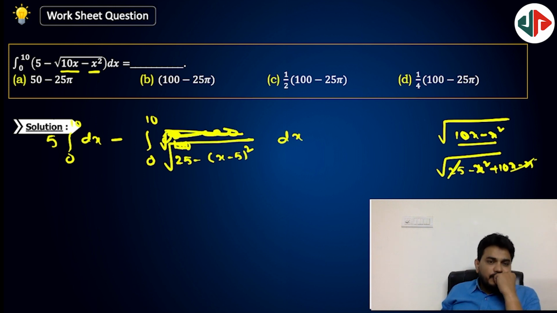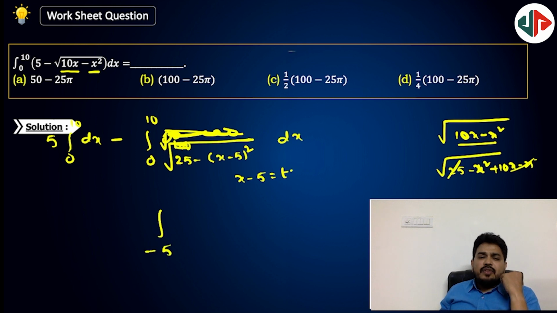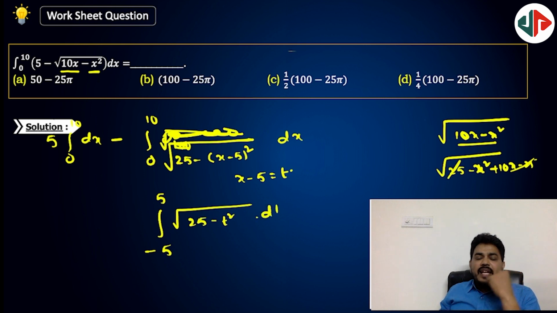So if I write here x minus 5 is equal to t, this is the integral minus 5 to 5 of root over 25 minus t square dt. This value will be equal to 2 times the integral 0 to 5 of root over 25 minus t square dt.